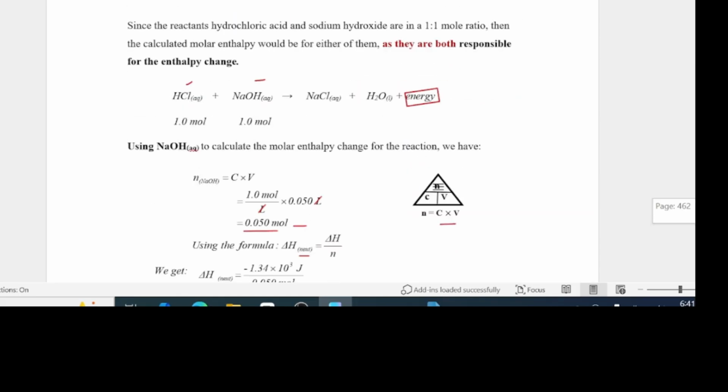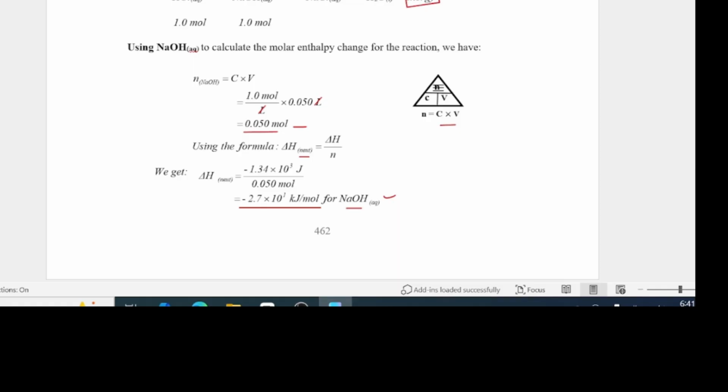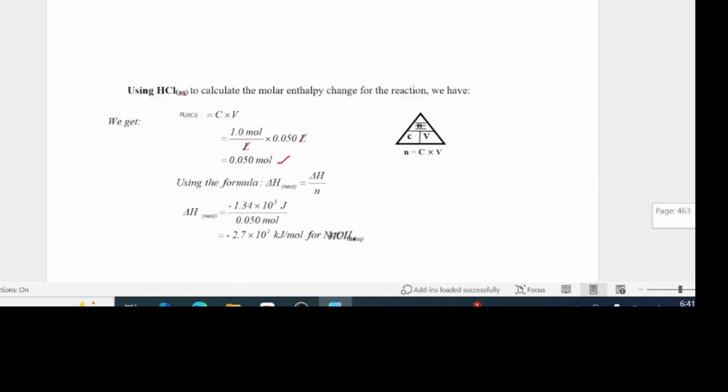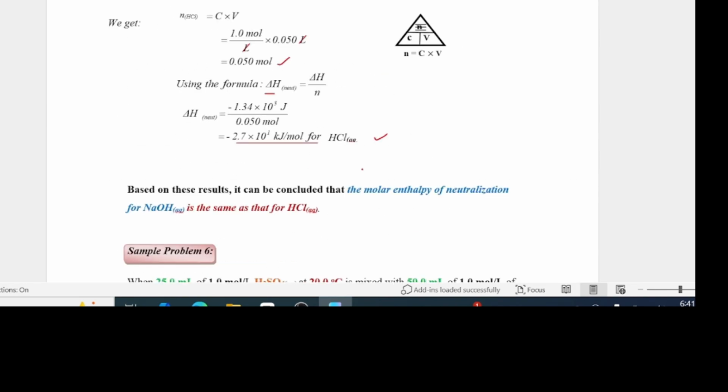Next job was to find the number of moles of either the base or acid, and that is what it was for sodium hydroxide. And then using this formula here, we calculated the molar enthalpy of neutralization for sodium hydroxide, and carrying out the same operation here, we got the same value for the molar enthalpy of neutralization for hydrochloric acid.